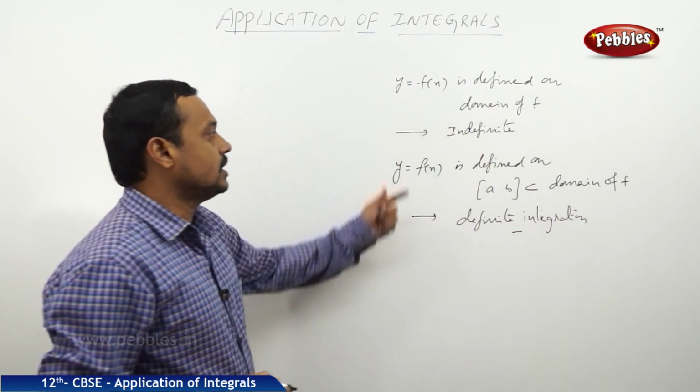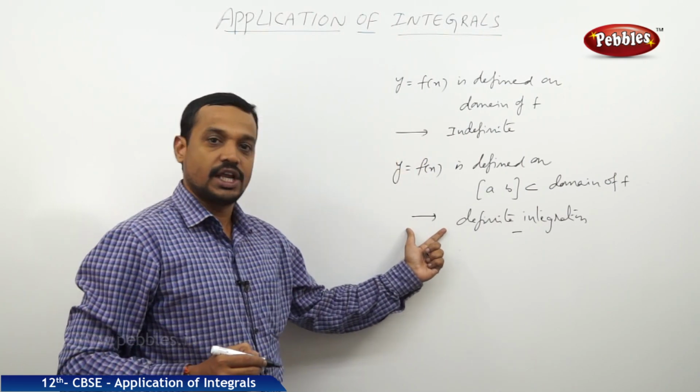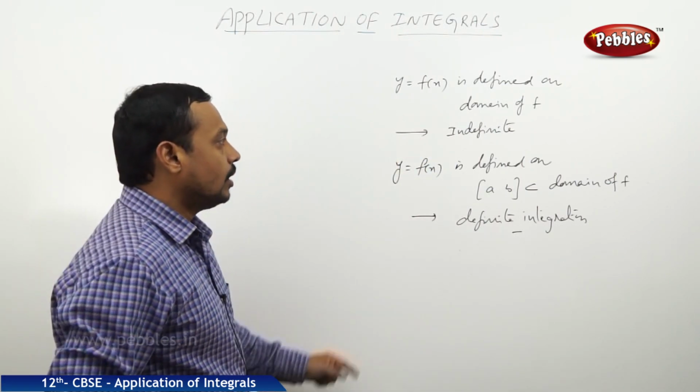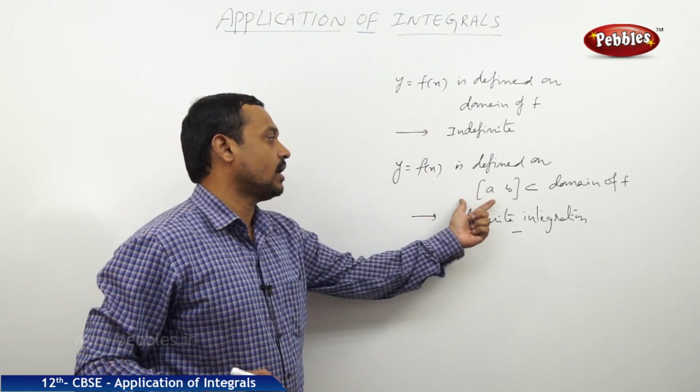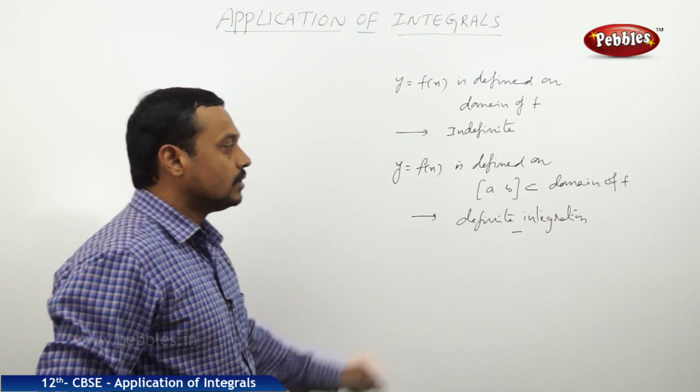Already you studied indefinite integration and definite integration earlier. Now what is the definite integration? It is defined on the interval a to b, which is a subset of the domain of f.